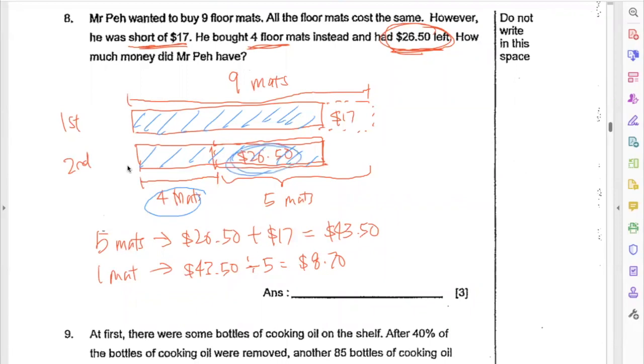That will give me the amount of money Mr. Pei has. So 4 times the price of 1 floor mat, $8.70, plus $26.50. Use your calculator and you will get $61.30. So that's the answer.